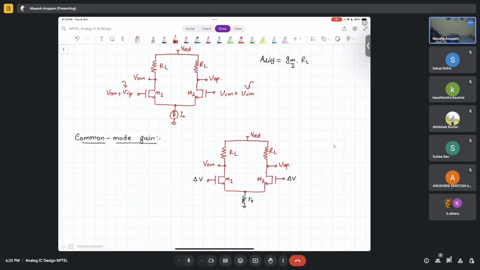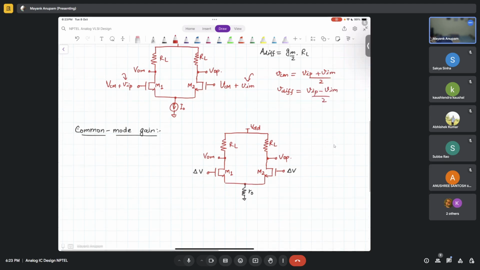The common mode small signal will look like VIP plus VIM divided by 2, and VDIF will look like VIP minus VIM by 2.